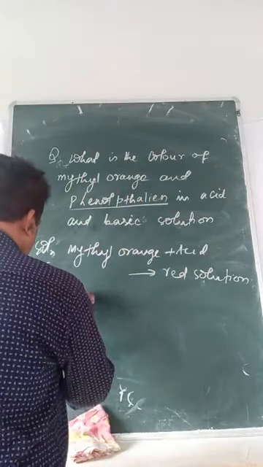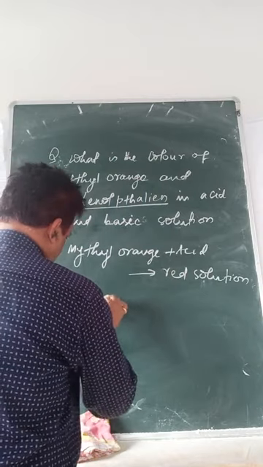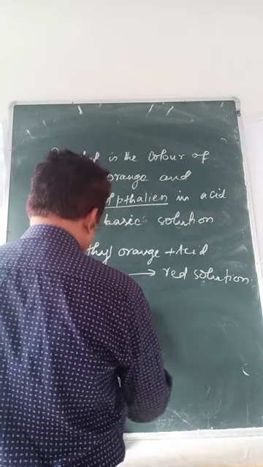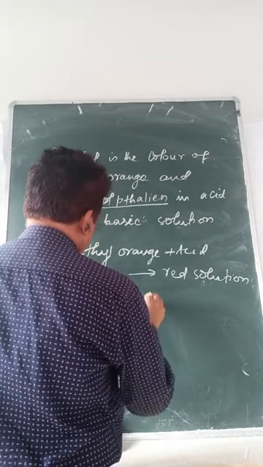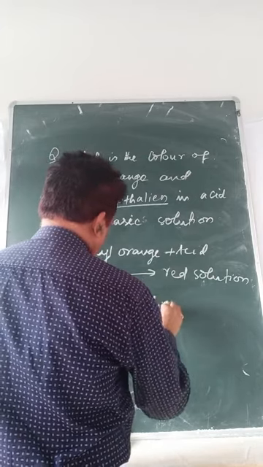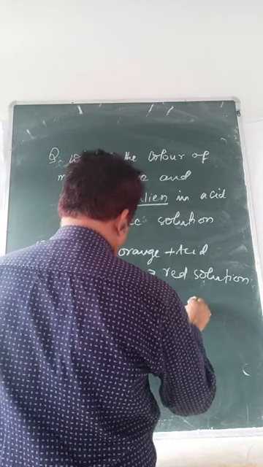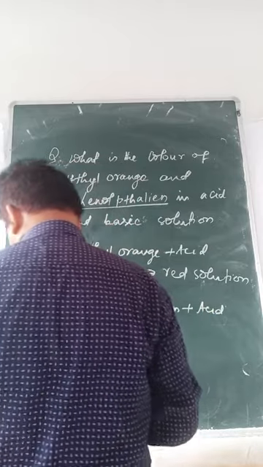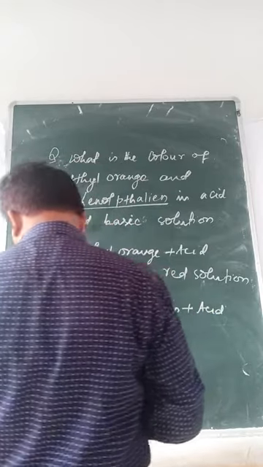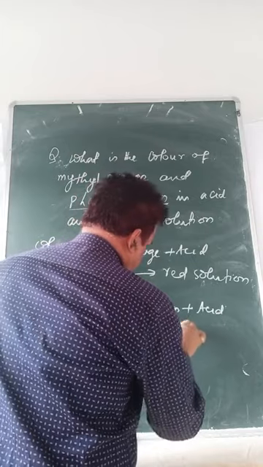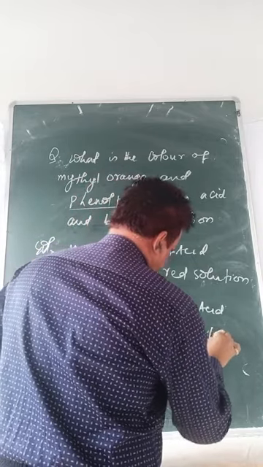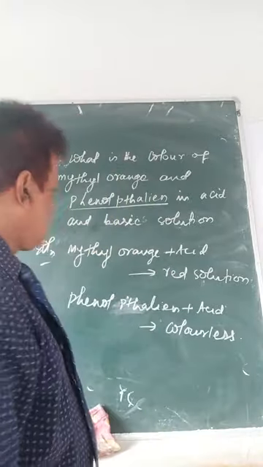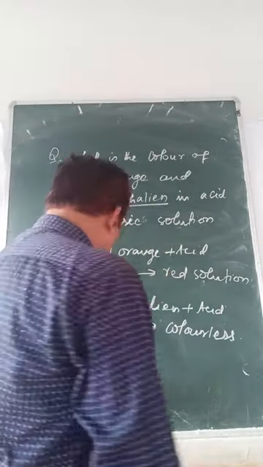Similarly, phenolphthalein with acid is colorless. Very important question. This is colorless in this. Okay, then methyl orange with base will be what?